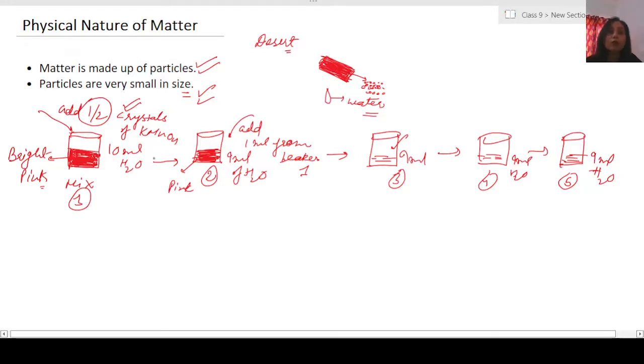So it means what? A single crystal of potassium permanganate is made up of very small particles, and these small particles were able to give so much color in the other beakers. Right, so basically matter is made up of particles, and these particles are very small in size.